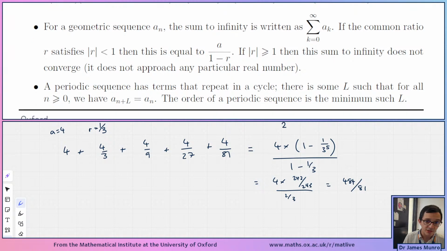So the last thing I need you to know is that in some cases, that bullet point there, you can sum to infinity, which means, if you like, what would happen if you had infinitely many terms? And the idea for this is that in our formula that we already had, this term gets really small, and we're just left with A over 1 minus R. So add them all, and you get 4 over 1 minus 1/3.